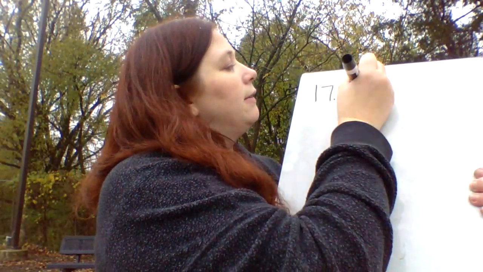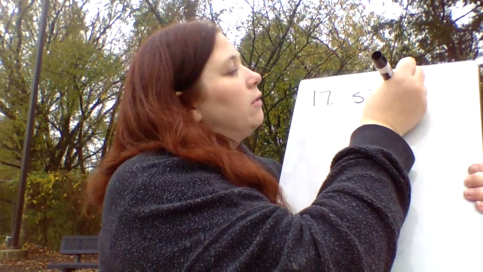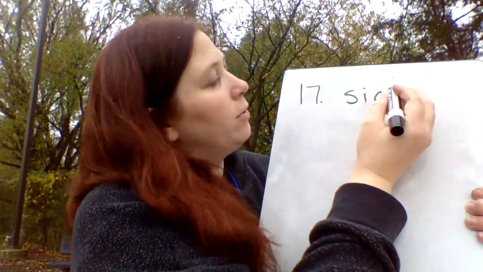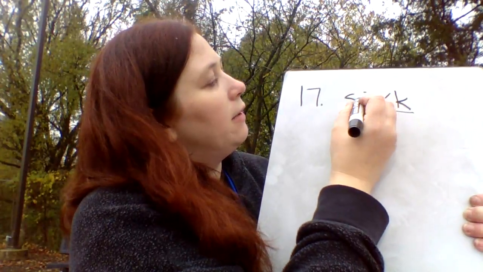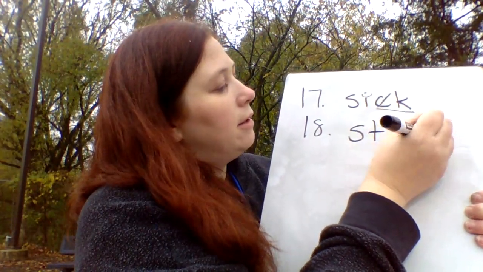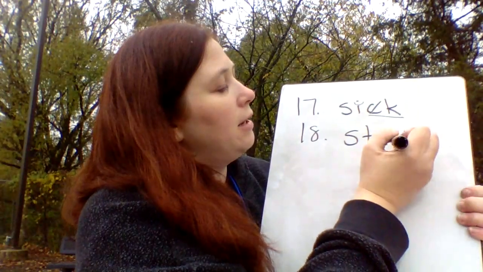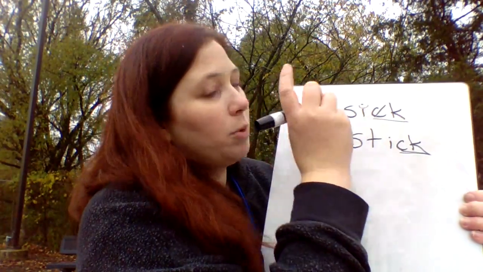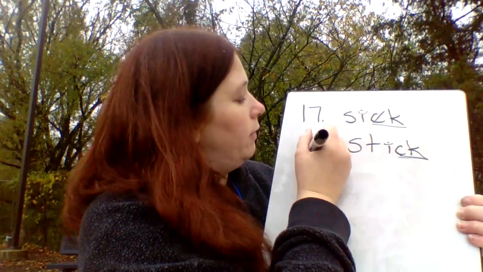All right, number 17 is sick. So we have our digraph, CK. We're going to underline it, cross out the C, and then our I gets a brev. Number 18, stick. Here we have a blend. We don't have to underline it, but our digraph CK gets underlined. It's a digraph because we only say the one sound. So brev on the I, stick.